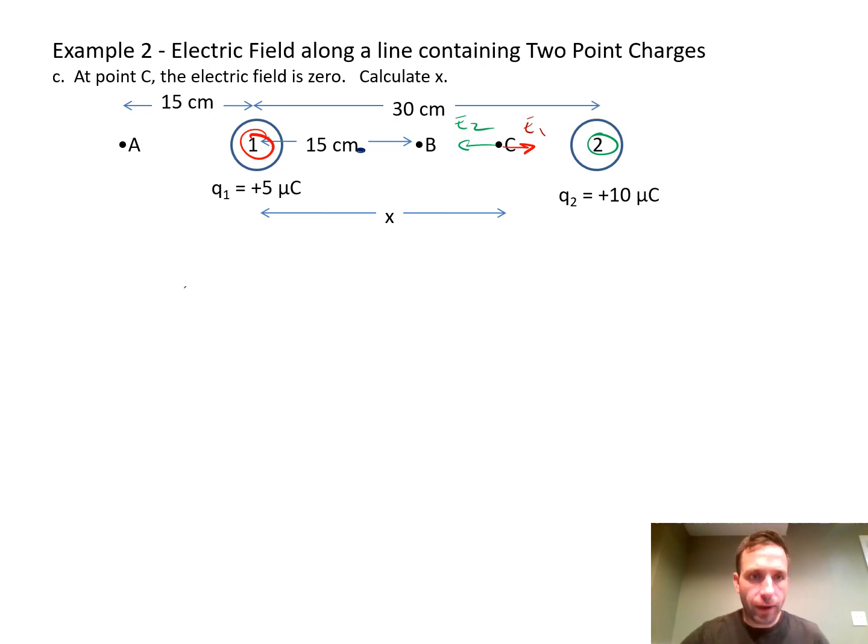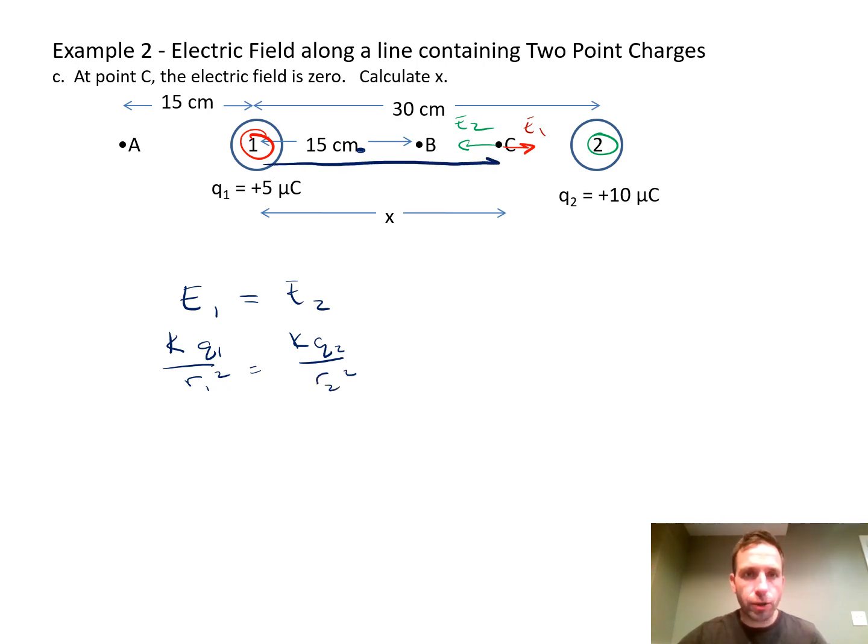And so I can say that E1 should be the same size as E2. So K Q1 over R1 squared has to be equal to K Q2 over R2 squared. Now if I call this distance from charge 1 to that point where the electric field is 0, x, then this distance from where charge 2 is to where the electric field is 0 would be the whole distance of 0.30 meters minus x.